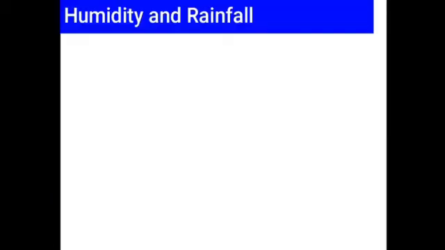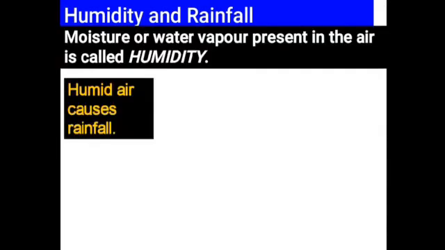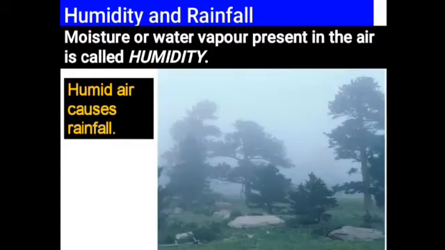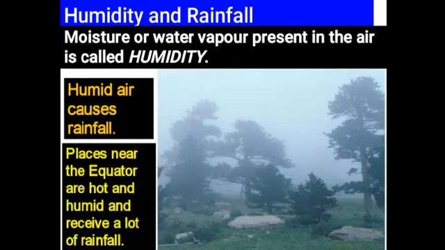The next factor which affects the climate of a region is humidity and rainfall. Moisture or water vapor present in the air is called humidity. Humid air causes rainfall. Places near the equator are hot and humid and receive a lot of rainfall.